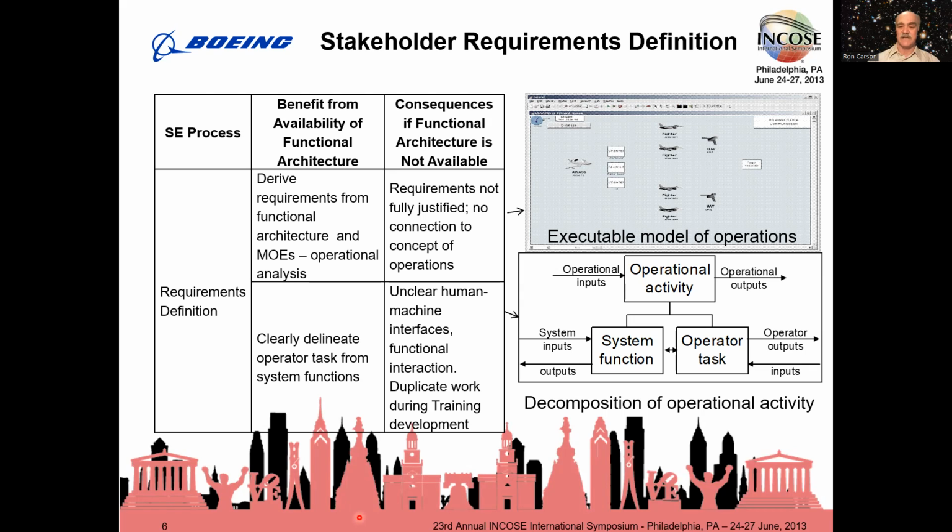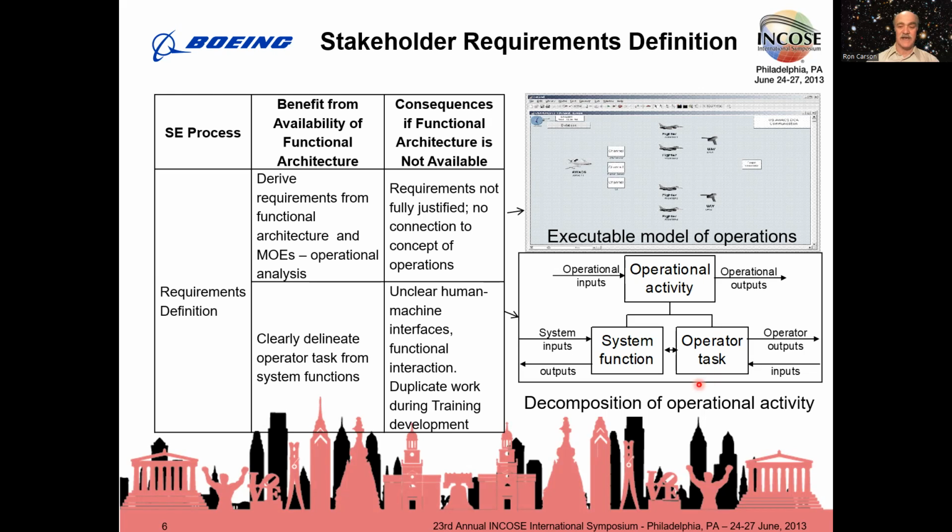We typically allocate particular functions to the system. Concurrently, we should be capturing the related operator tasks, but often that's left to some later activity. And so we lose the benefit of that initial analysis, and we end up with duplicate or rework during development of training materials when we must define what the operator tasks are.